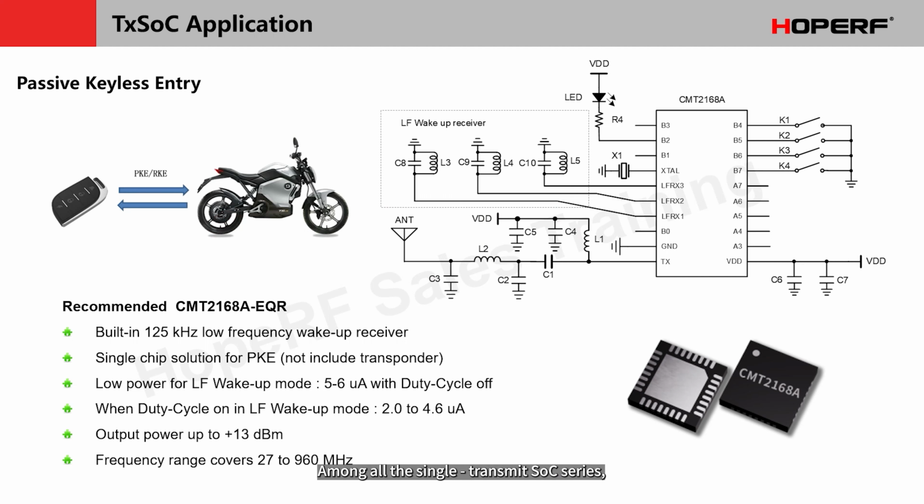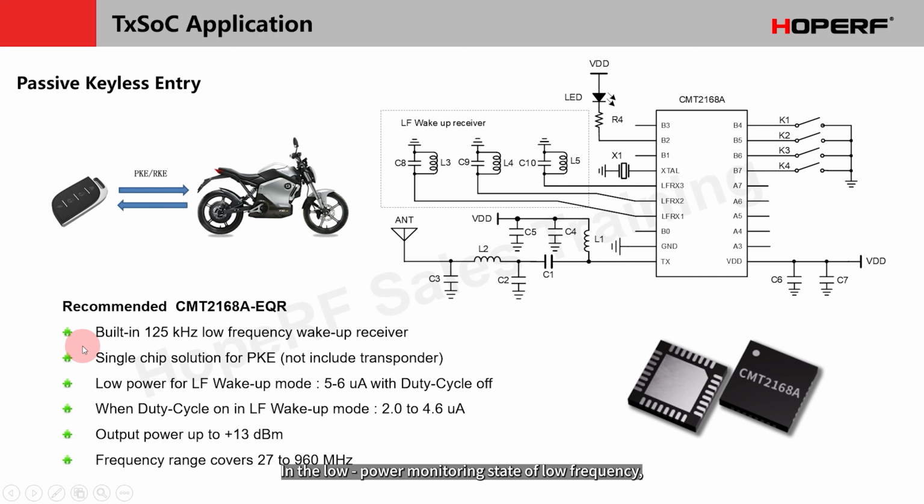Among all the single transmit SoC series, only CMT2168A can solve it. It integrates a 3-channel low-frequency receiver. It can receive signals from 3 antennas in different directions. It is also a high-frequency transmitter, with a controller, making it an ideal single-chip PKE solution.